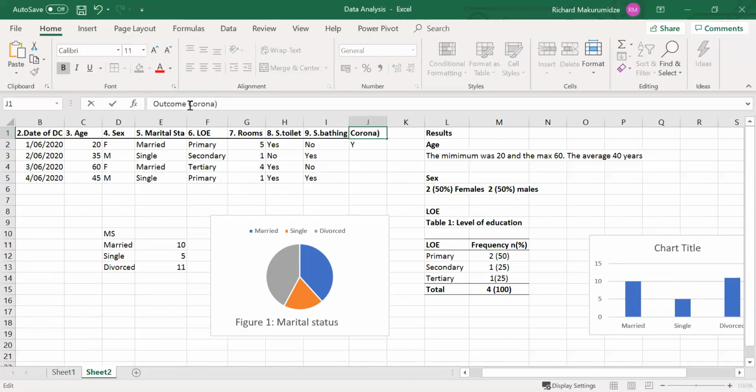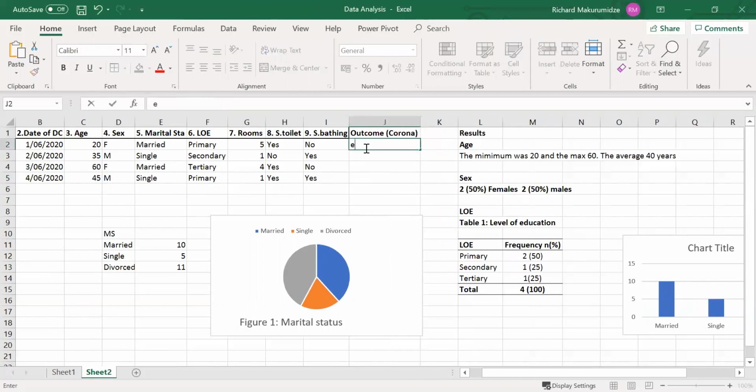This next stage of analysis is a bit complex. So we say got corona, yes; or did not get corona, no. That's the outcome.